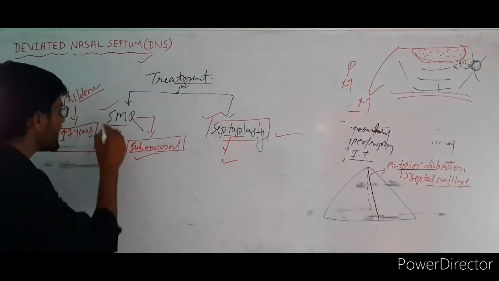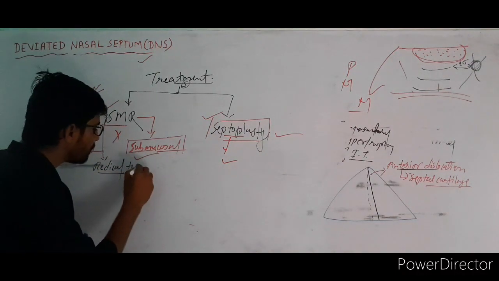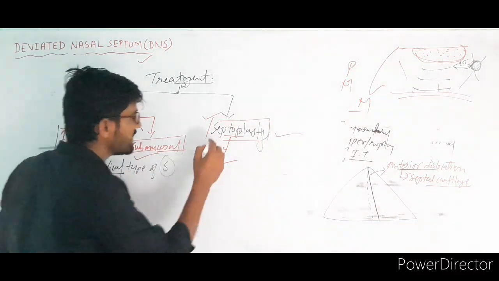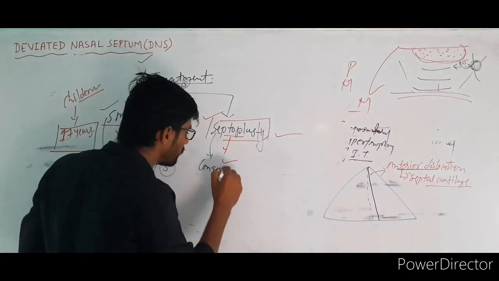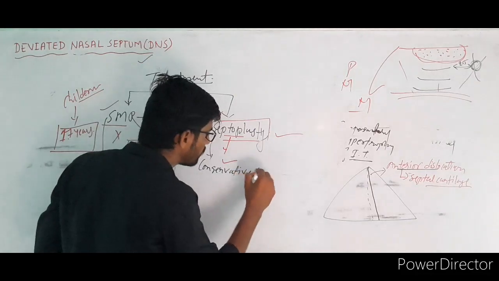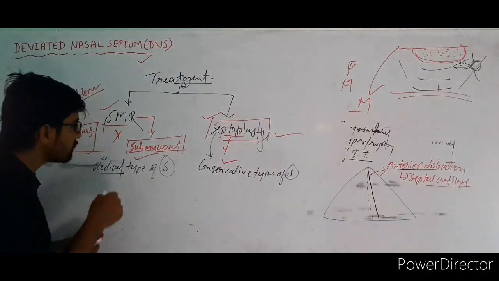SMR is the radical type of surgery, and this is the conservative type of surgery. Am I right or not? In the radical type of surgery, what happens?